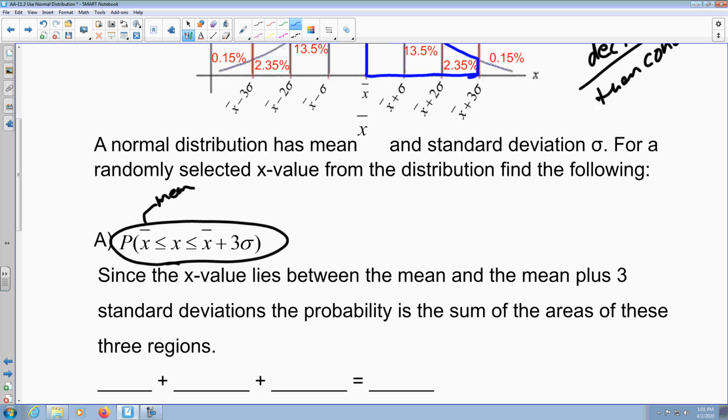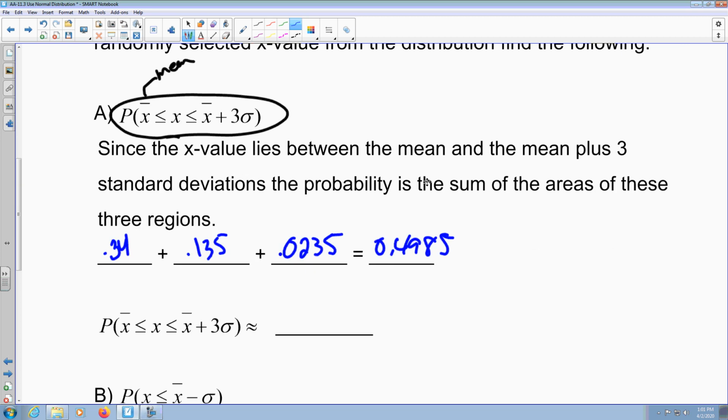In this case, it's going to be 0.34, 0.135, and 0.0235. When you add all those up, you get 0.4985, and then when you convert that to a percentage, it's about 49.85%.